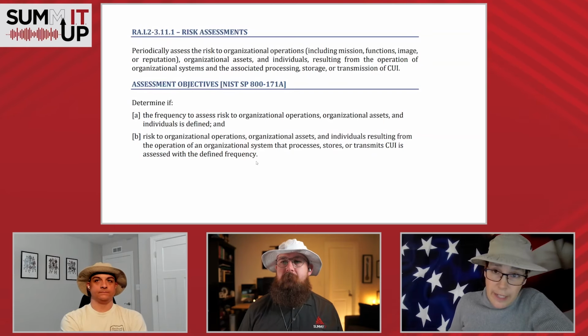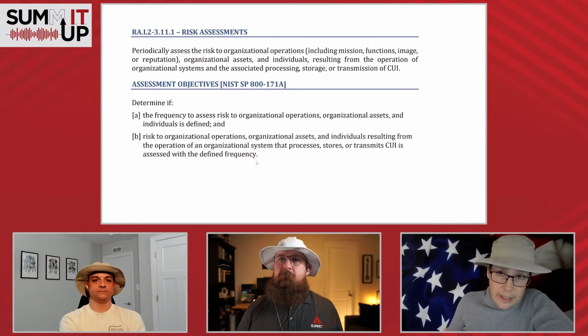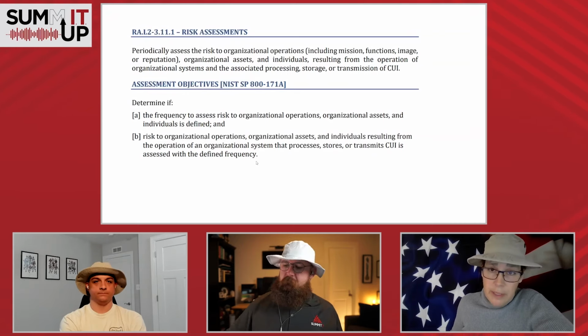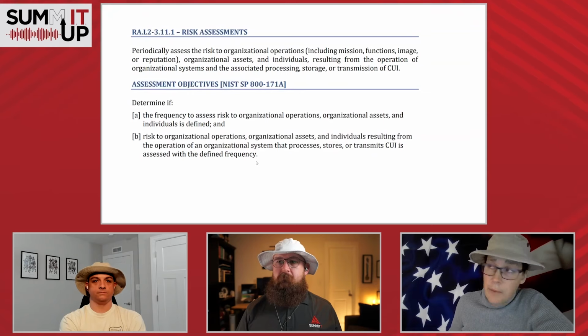So identify the assets, which should include your CUI, and then identify what could attack them from a cyber adversary or cyber threat perspective. This could also include physical threats like tornadoes, hurricanes.